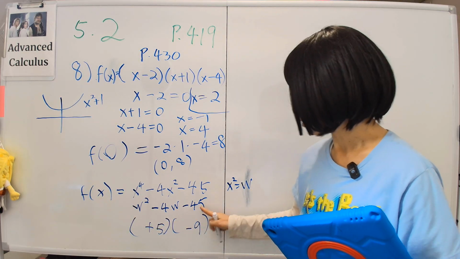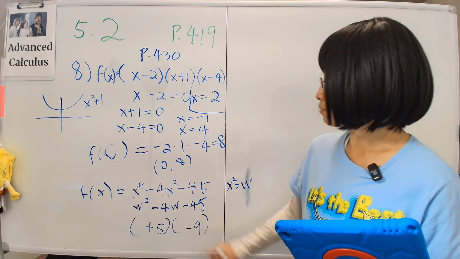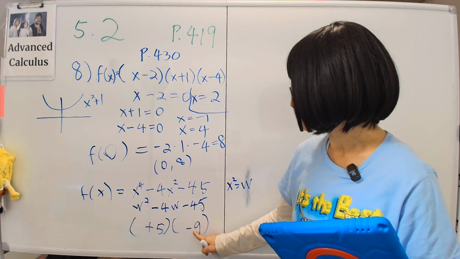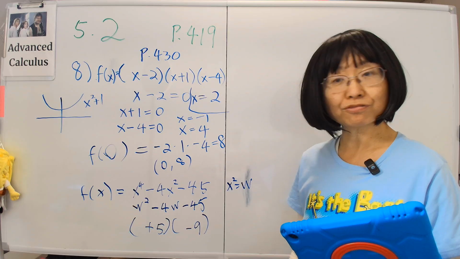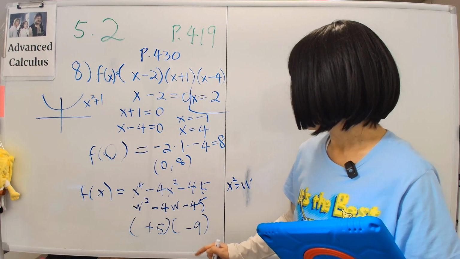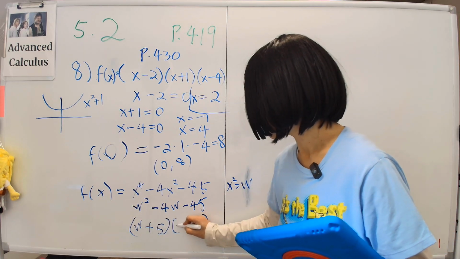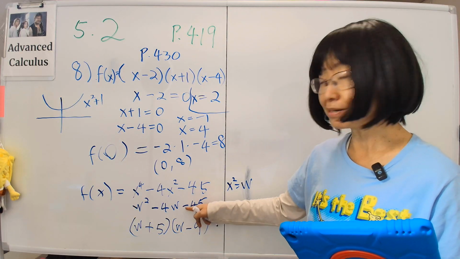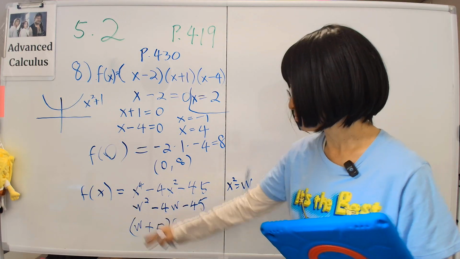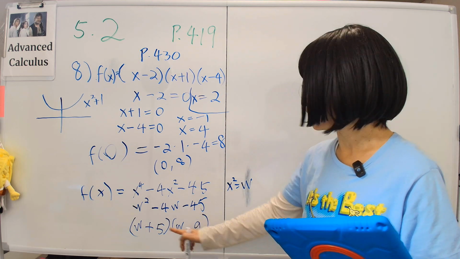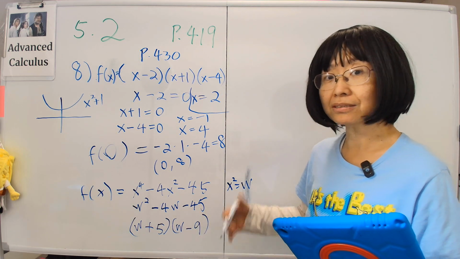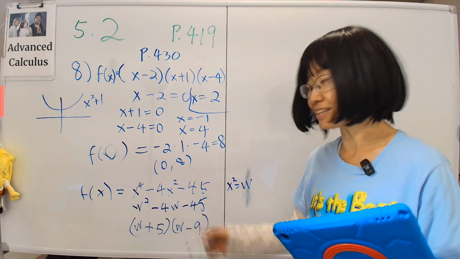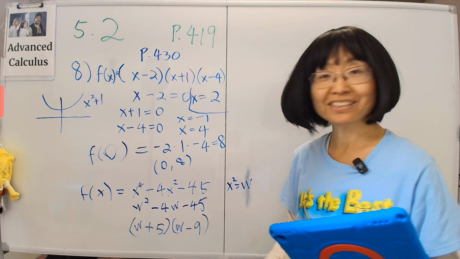That will give negative 45, and then minus 9 plus 5 will give the minus 4 to create this effect. What we're doing is coming up with factors that, when you multiply them together, better give that. That is messing around and trying to get it to work. It's not always possible to do this, but in easy cases such as this one, it is possible, which means we got away with it.